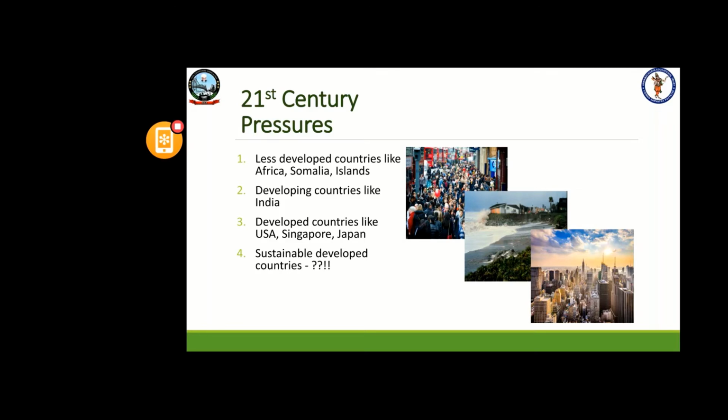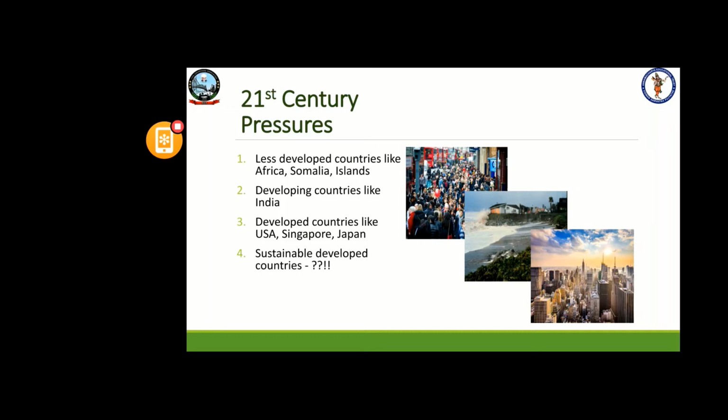It is not a developed country, it should be a sustainable developed country. That is very important.